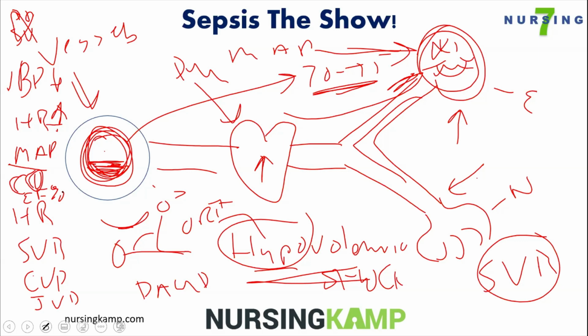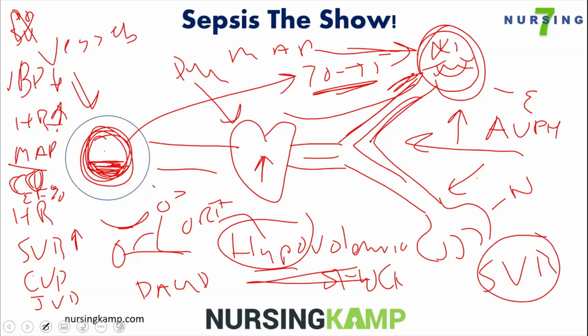So the next thing is SVR. Well, we said SVR is over here. Okay, this is alpha. And what this means is, think of all these vessels out here, all your alpha out here. What is it going to do? Is it going to open up and vasodilate, or would it constrict?